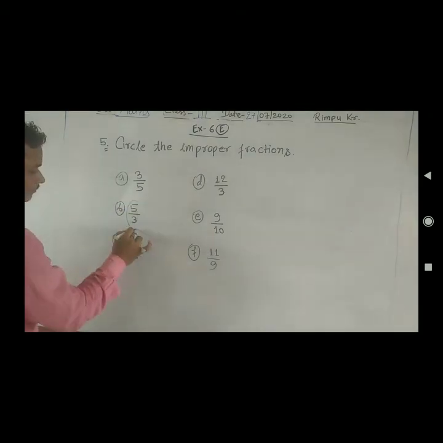Guys, move to the next question, 5c. In 5c you will see the numerator is 12, the denominator is 17. That means the numerator is less than the denominator. By this way, this is not an improper fraction.